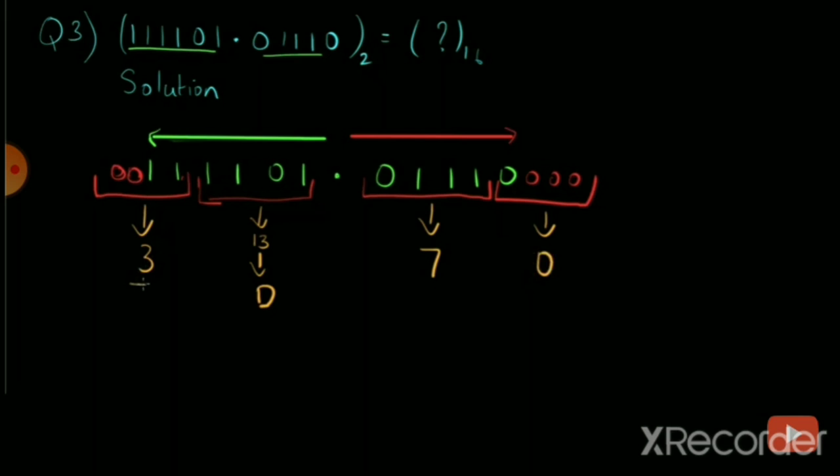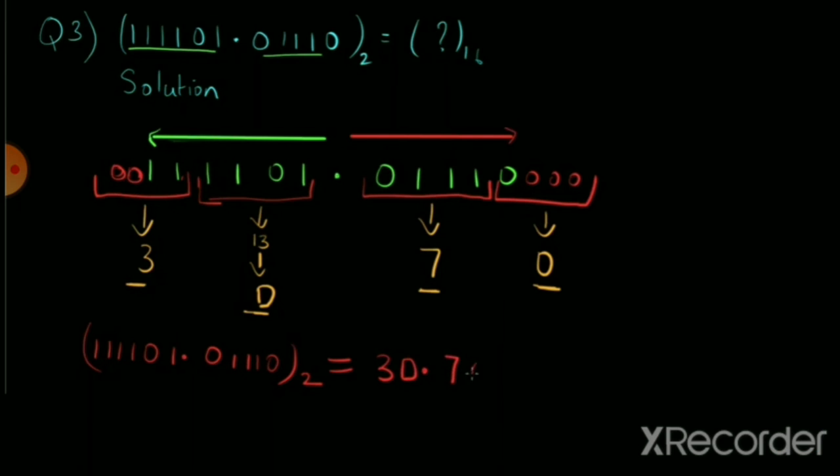Now we have the individual values, and for the final value we just need to club these values. So the final answer for the entire question would be 3D.70.